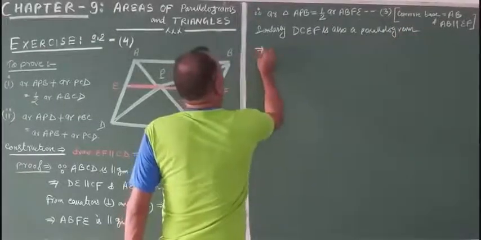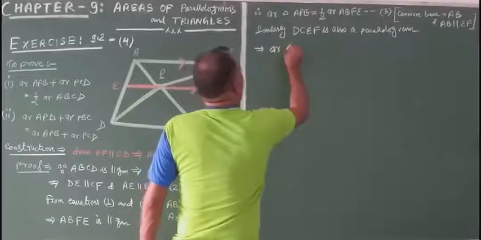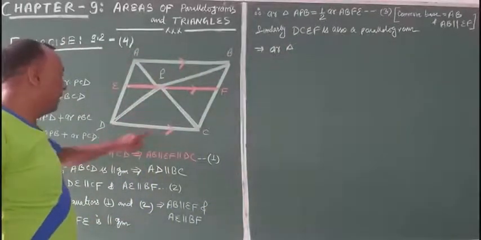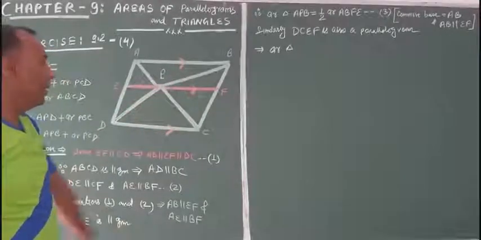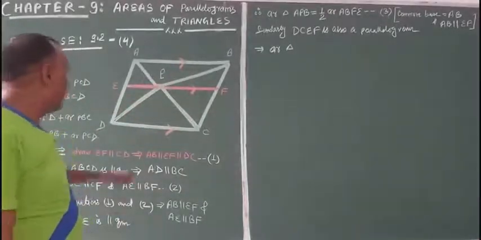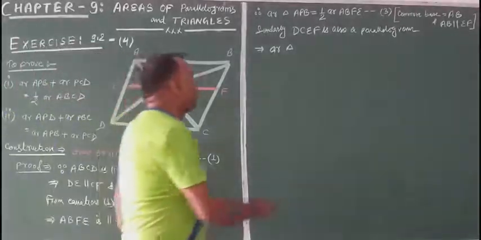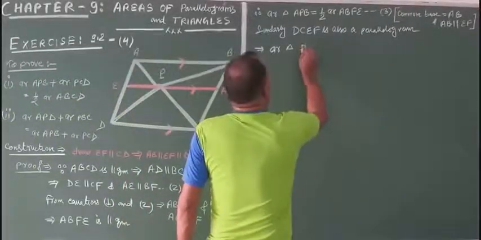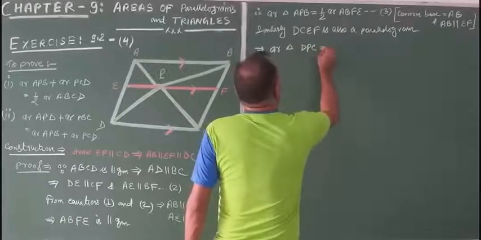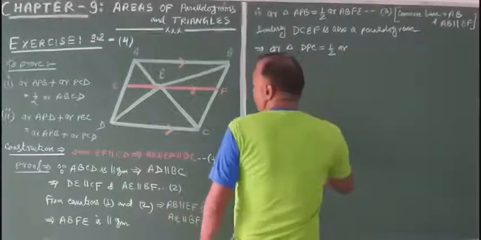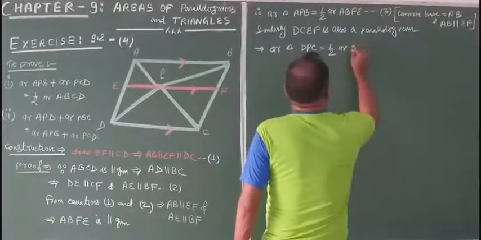Therefore, area of triangle DPC will be half of the area of DCFE.